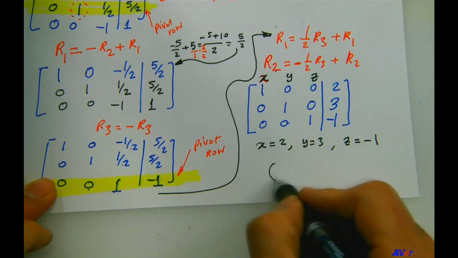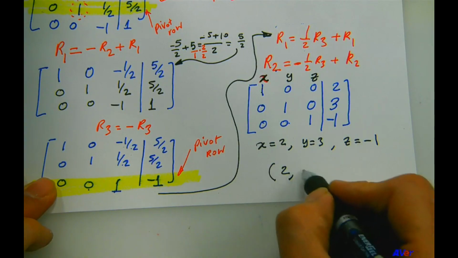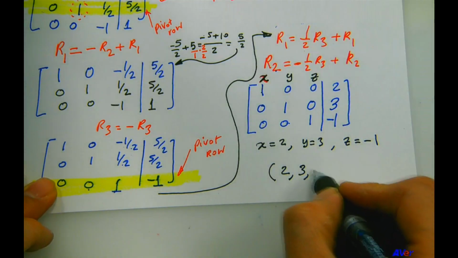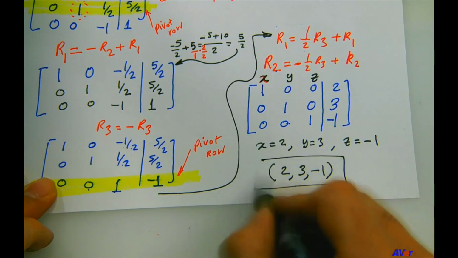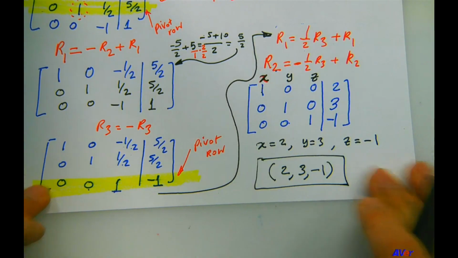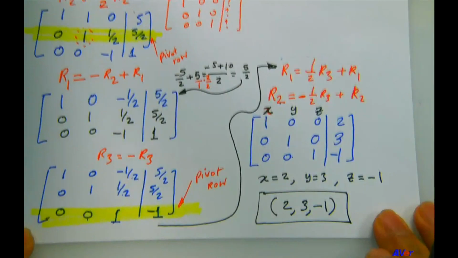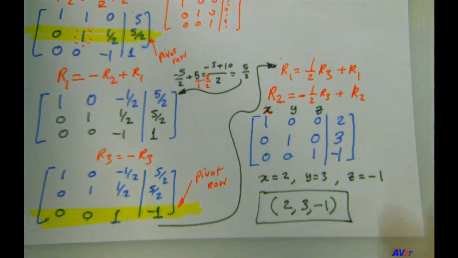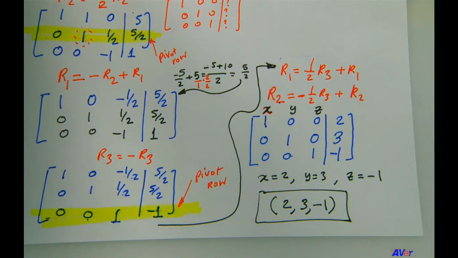So let's put the answer in proper form, which is 2, comma, 3, comma, negative 1, in parentheses. Here's the final solution of the original system. Okay? I hope this is making sense.